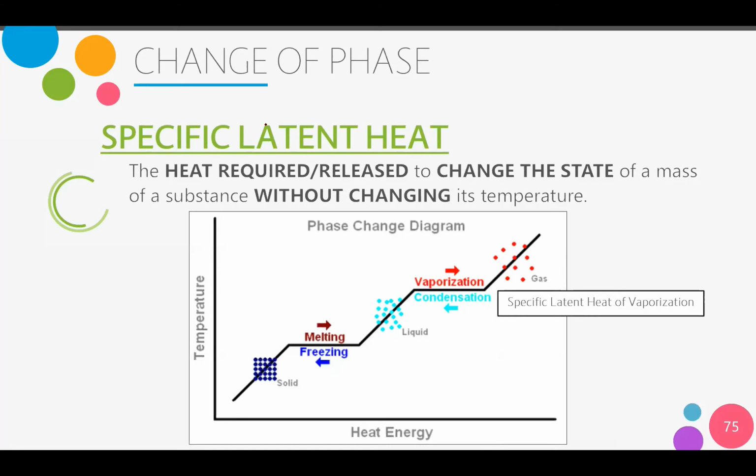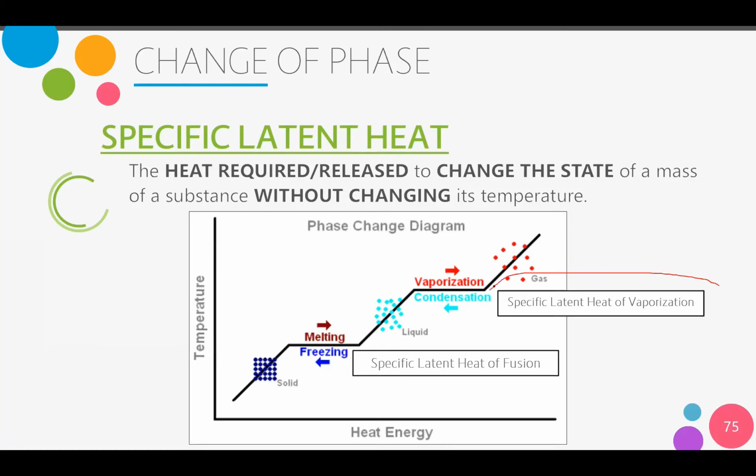So when we say liquid gas relation, it is changing of phase from liquid to gas through vaporization or gas to liquid through condensation. And the other type is the latent heat of fusion, which consists of a solid liquid relation. So when we say solid liquid, changing of solid to liquid by melting and liquid to solid by freezing. So these are the two types of specific latent heat.